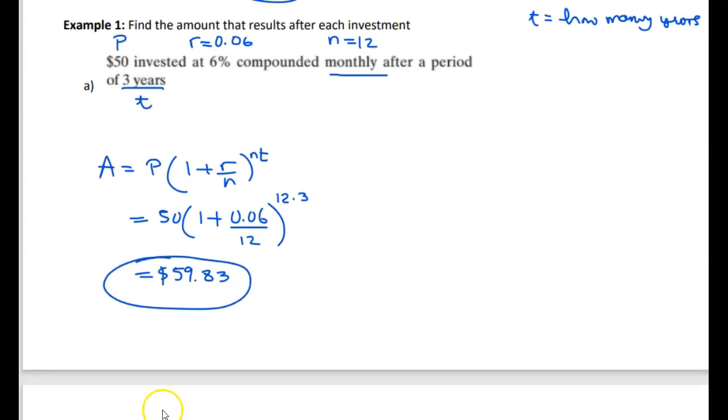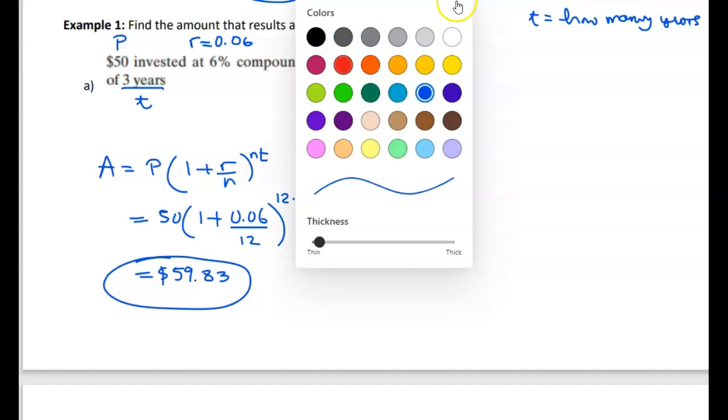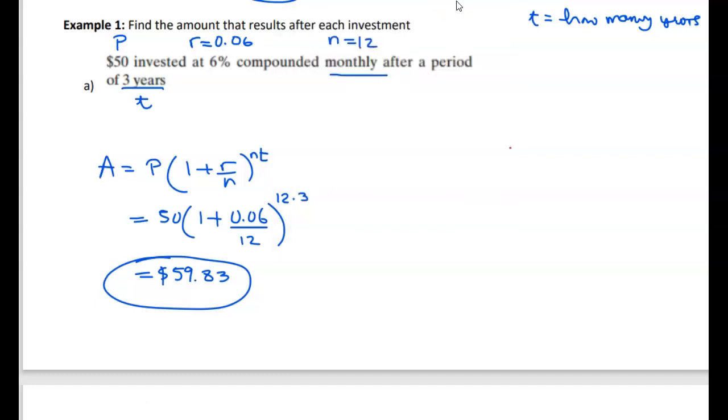So this formula, you can apply it and figure out the amount. Let me explain what's happening with this compound interest. You start with $50, so at time 0, you have $50. Then the bank goes into your account, and each month it applies the interest.